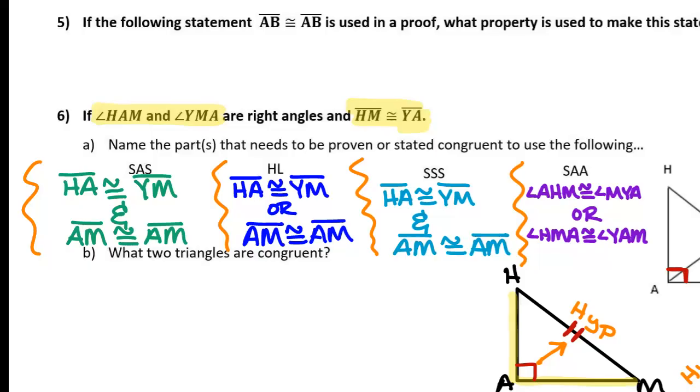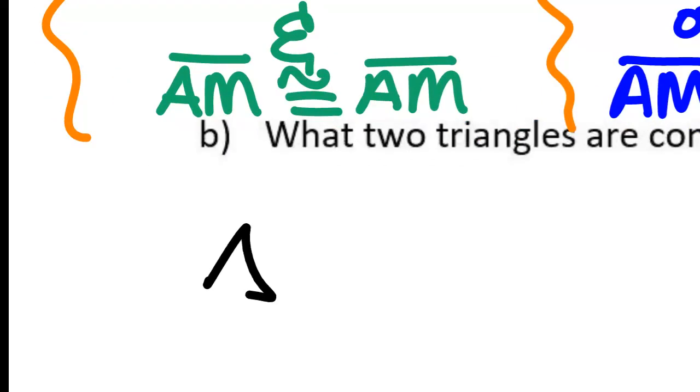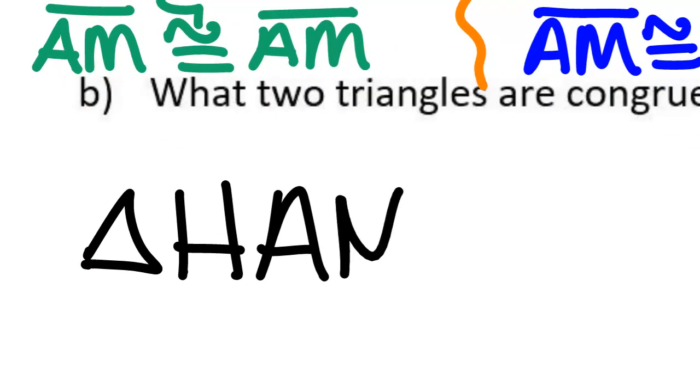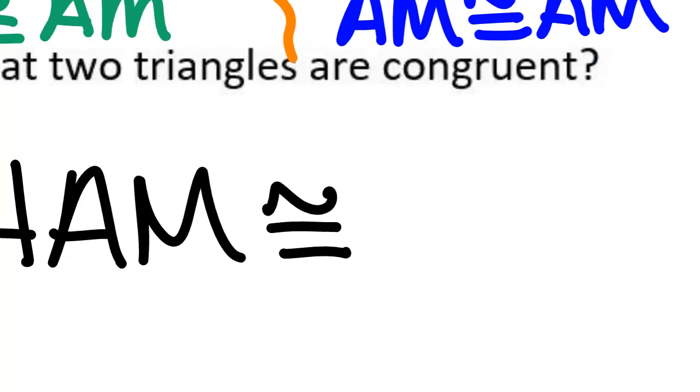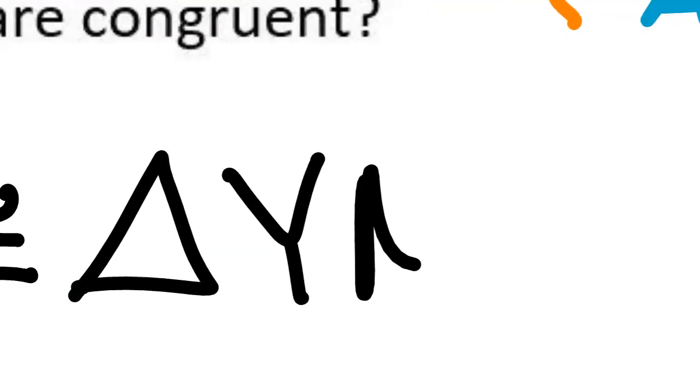What two triangles are congruent? So now we're going to write our triangle congruence statement. Triangle, let's call the first one HAM, is congruent to triangle YMA.